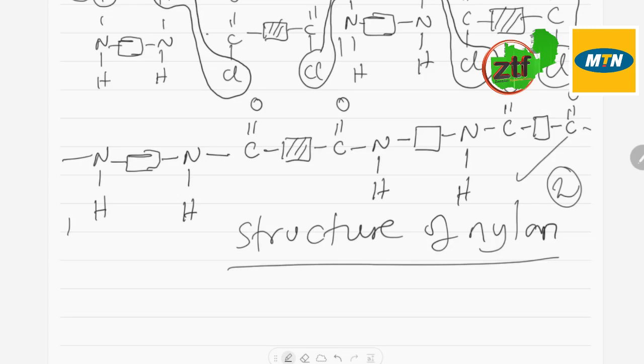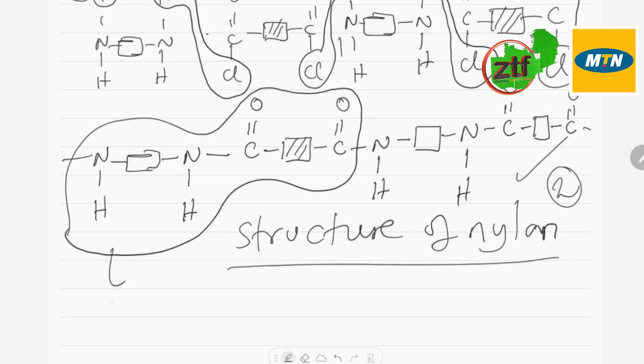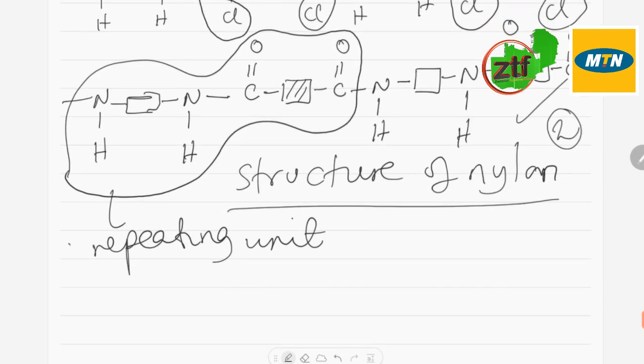So it is going to be this up to this point. So this one is a repeating unit for nylon. And remember, a repeating unit has two monomer units. So for question D, that is the repeating unit.